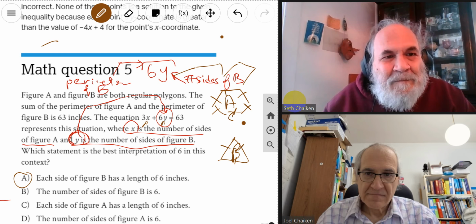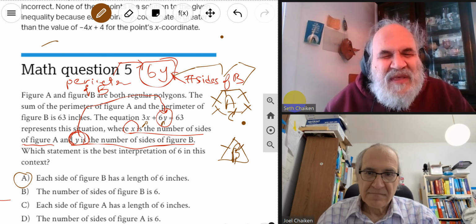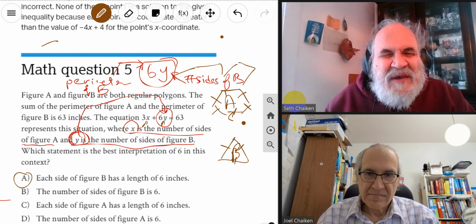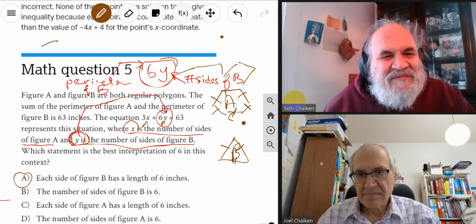And the only thing 6 could be is the length of each side. That is the number that makes it true that that number times the number of sides is the perimeter of B. So 6 is the length of one side of B. And that's what they say for answer A.